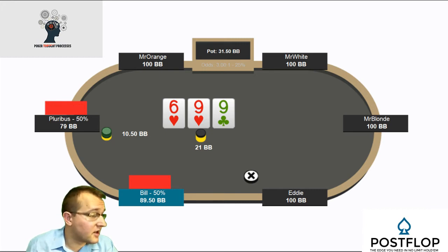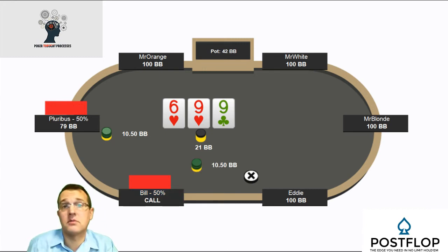The villain does check call, and I will need to consider carefully how this narrows his range. He will likely check the turn to me. And note the pot is 42 bigs with 79 left behind, so 2 normal bets would just about put us all in.